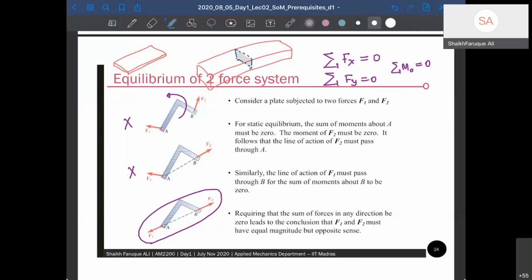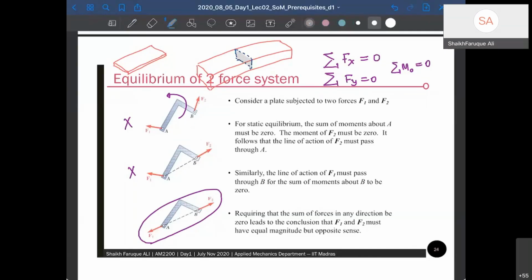So even for a 3D object, if one side is very, very large and long compared to the other two dimensions, you can take only one cross section and assume it to be a 2D cross section.